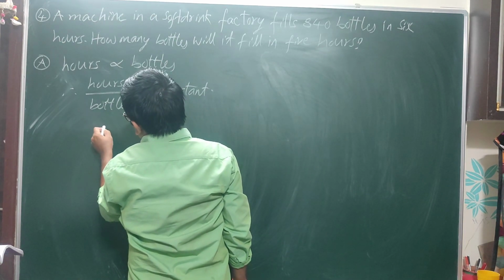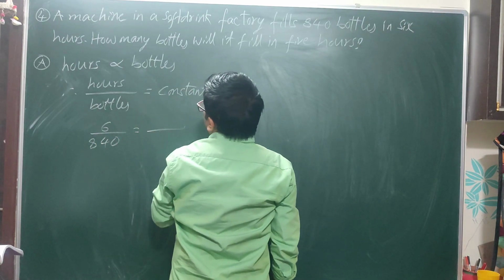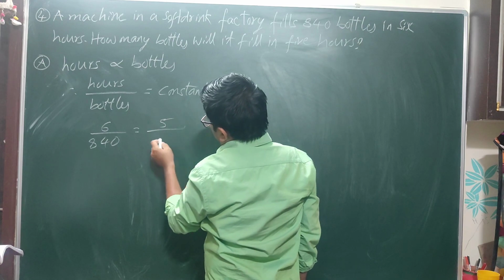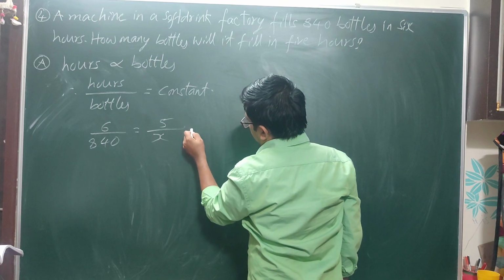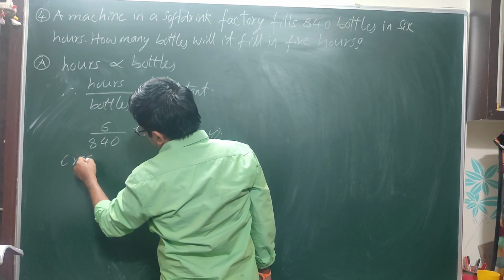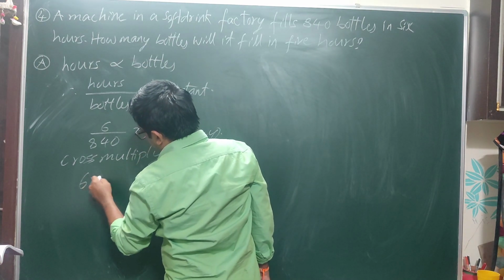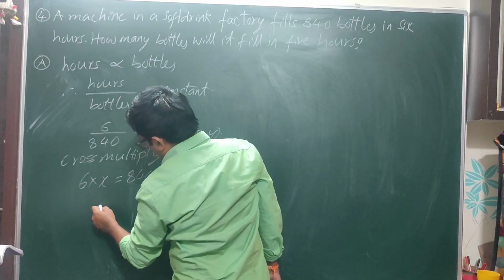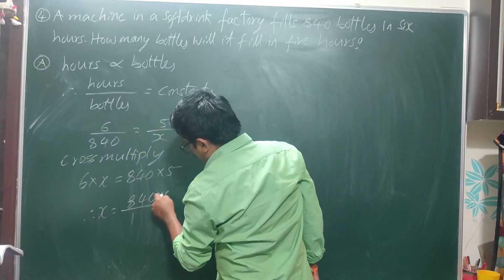So here 6 by 840 bottles equal to 5 by x, say the number of bottles for 5 hours be x. Now cross multiply: 6 into x equal to 840 into 5. Therefore, x equal to 840 into 5 by 6.